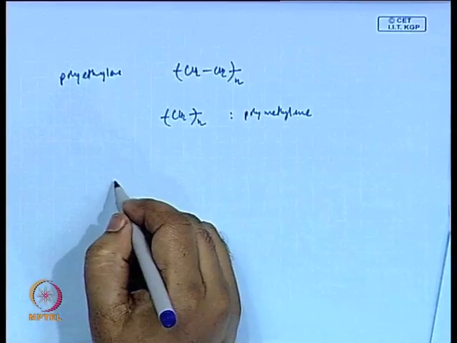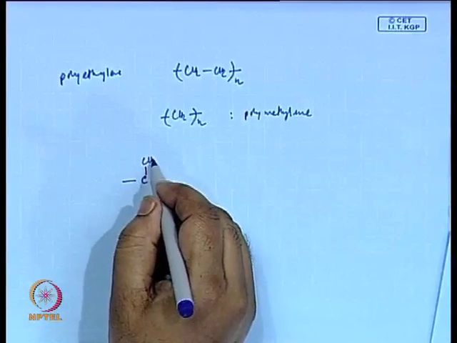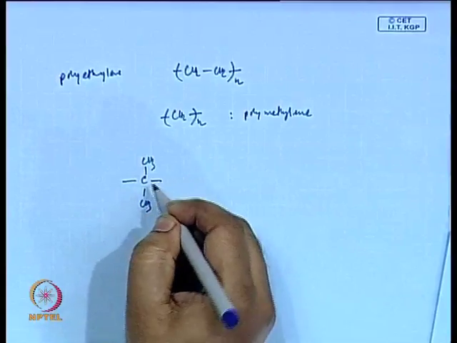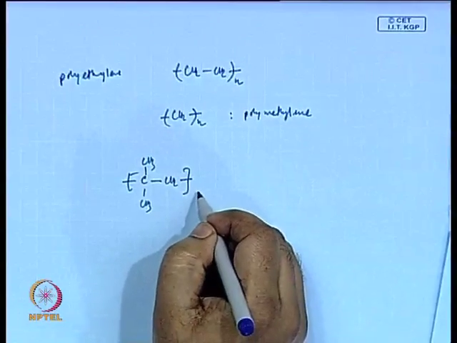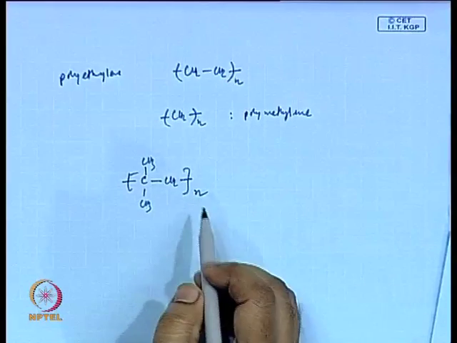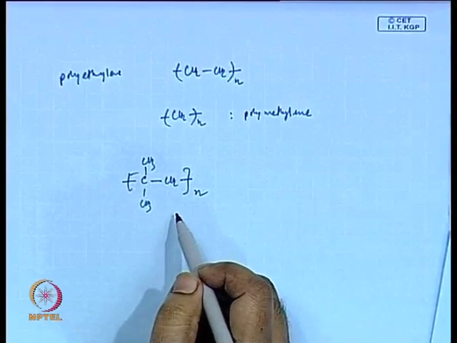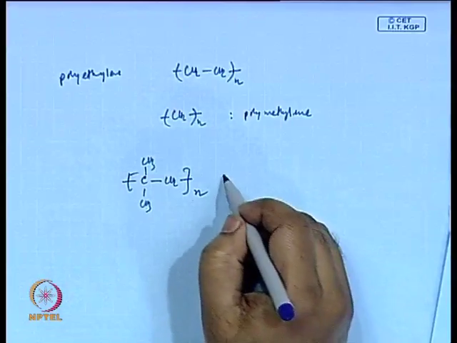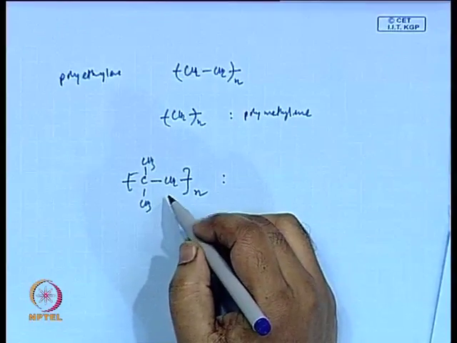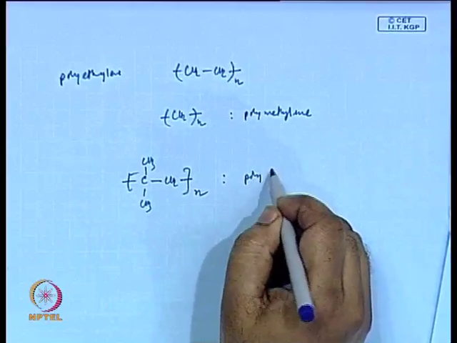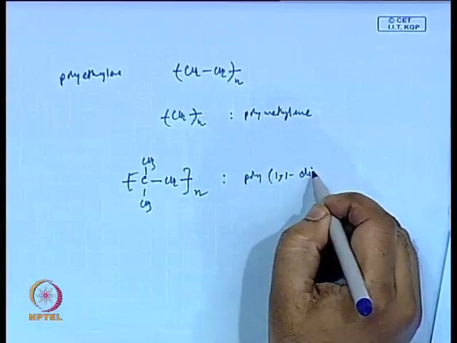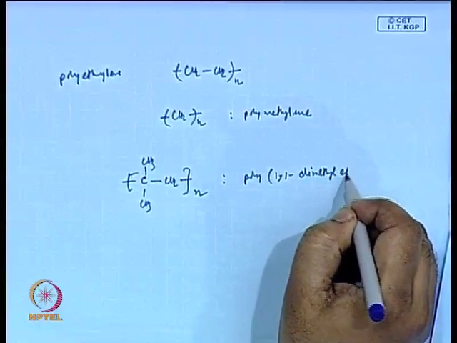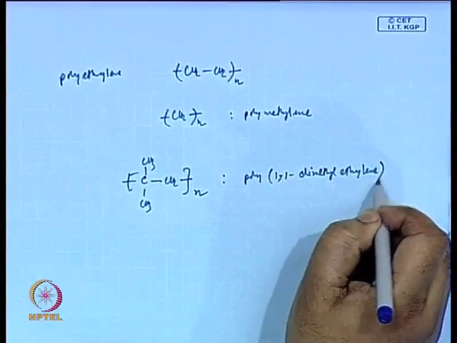So, how do you name this one? Commonly it is known as polyisobutylene, but according to IUPAC it will be poly 1,1-dimethylethylene.